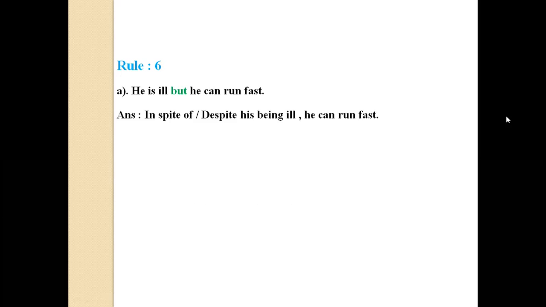So the answer will be in spite of or despite, then use the possessive case of the subject. The possessive case of he is his. Then use ing with the be verb. The be verb is, if you use ing with is, it will be being. So in spite of or despite his being ill, he can run fast.